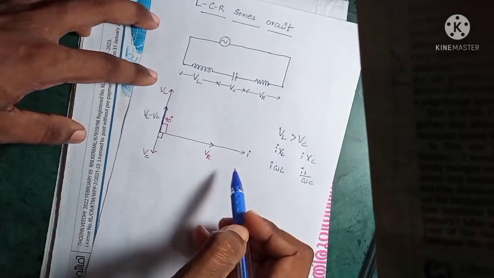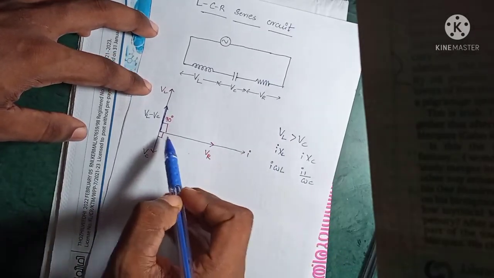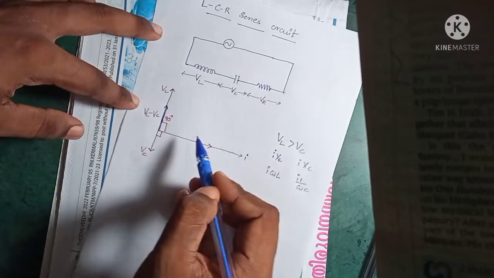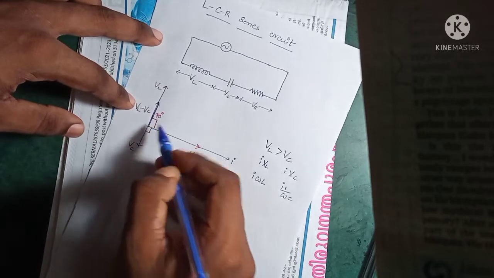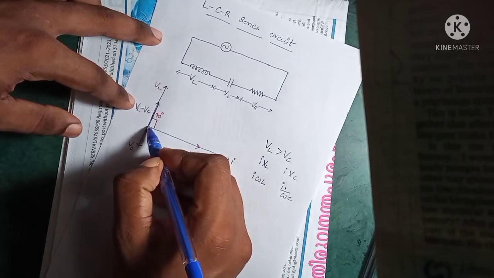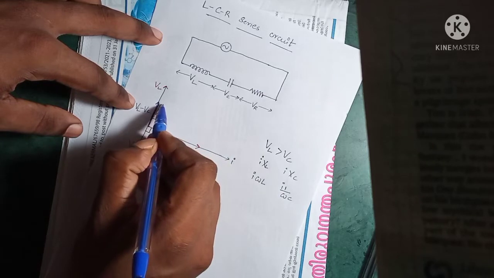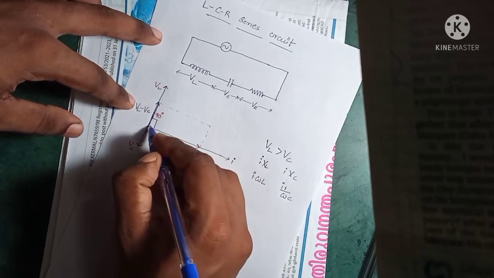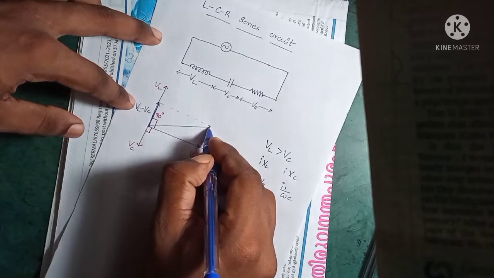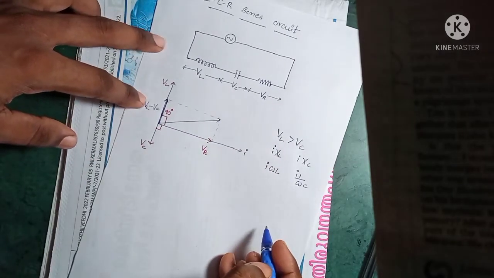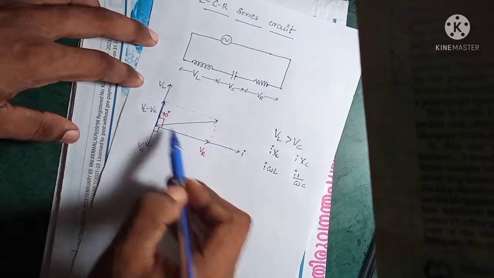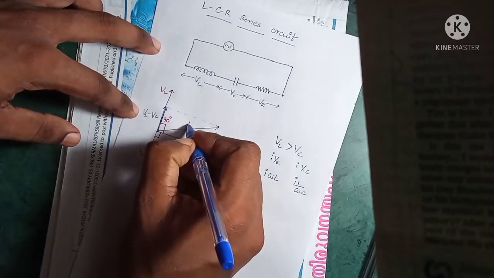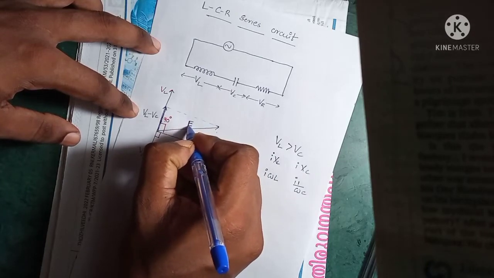Now we have to obtain the resultant between VL minus VC and VR, which will be given in this direction. So this is the resultant of VL minus VC and VR.